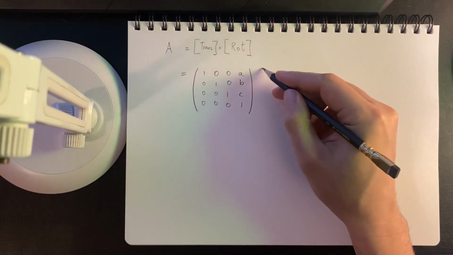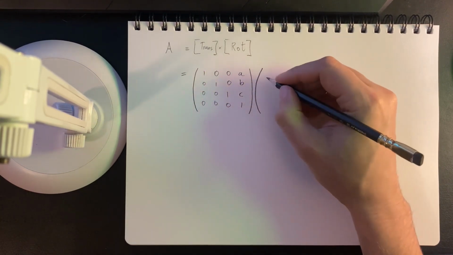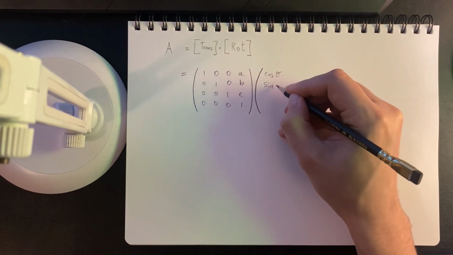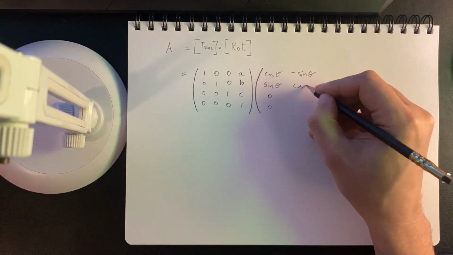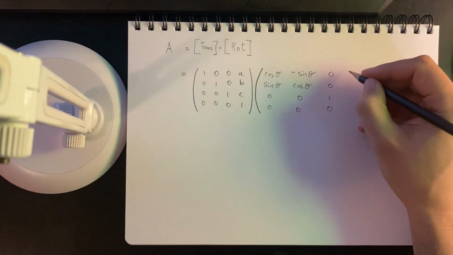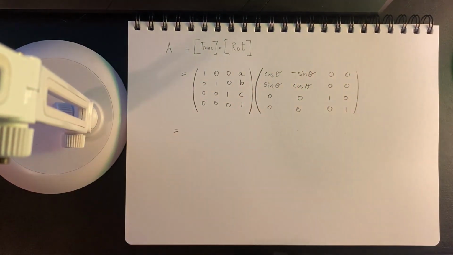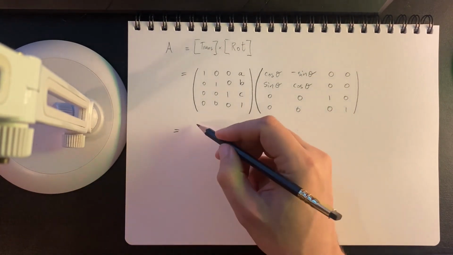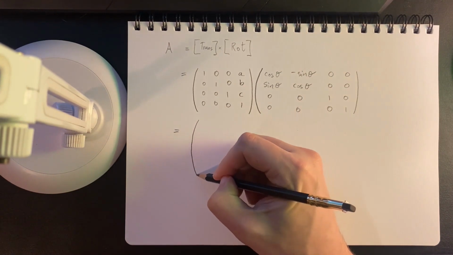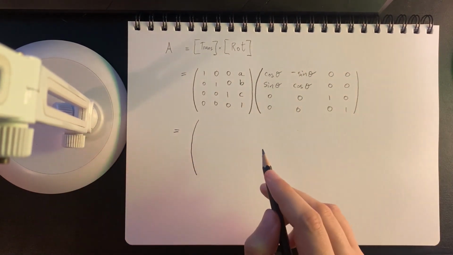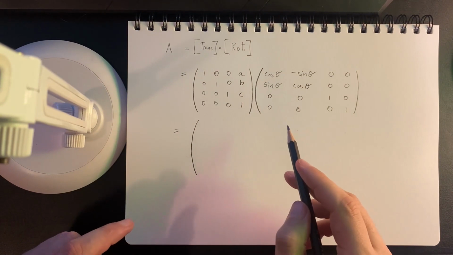Okay, so that's a translation. And then we multiply in the rotation. Okay, now this is going to be a little strange because we're doing a full 4x4 matrix multiplication.